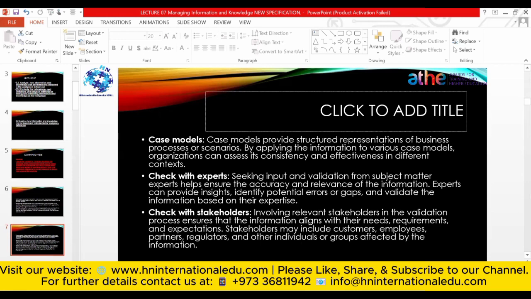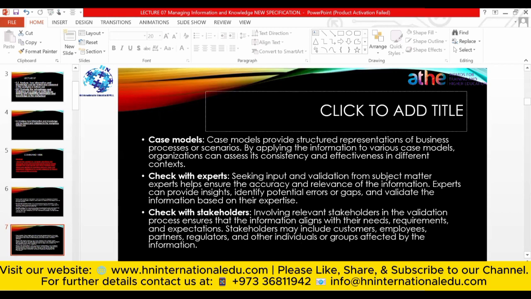By applying the information to various case models, organizations can assess its consistency and effectiveness in different contexts. That is, after a certain period of time, they reconsider the document or presentation they made before, and see whether they were successful in achieving their planned milestones or not.